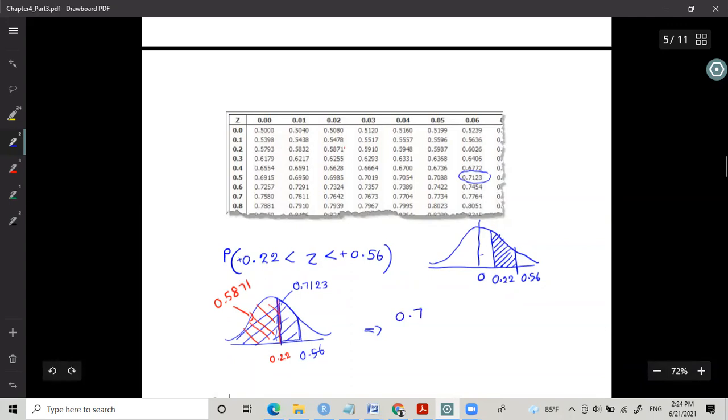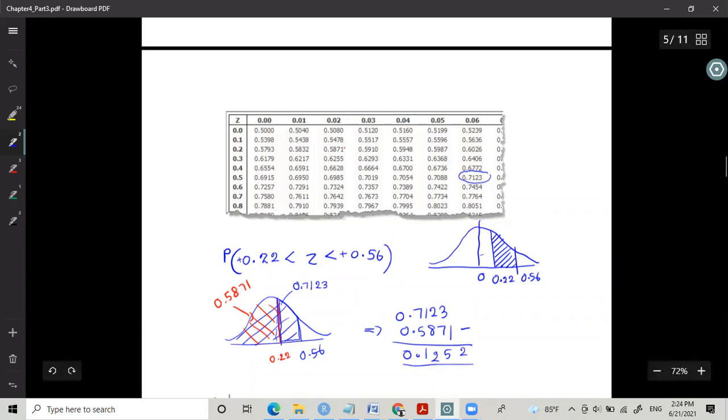You get 0.7123 and subtract 0.5871 from it, so you'll end up with 0.1252.